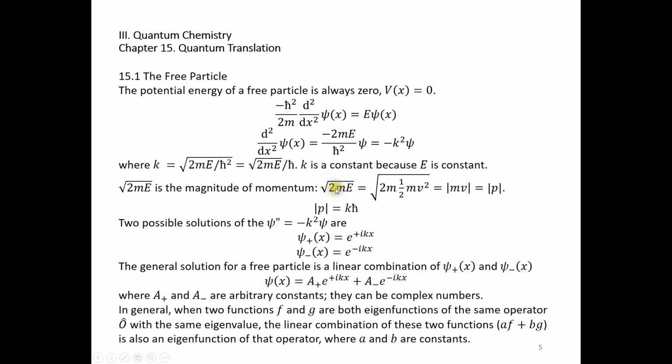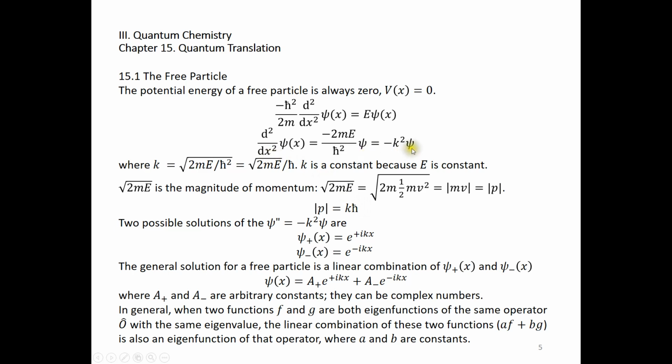So the square root of 2mE is the square root of 2m times the kinetic energy, which is half mv squared. We do some evaluation here, we get mv, which is just the magnitude of the momentum. Therefore k h bar is the magnitude of this momentum. So you can see over here, k is the magnitude of the momentum over h bar, and the momentum is k times h bar.